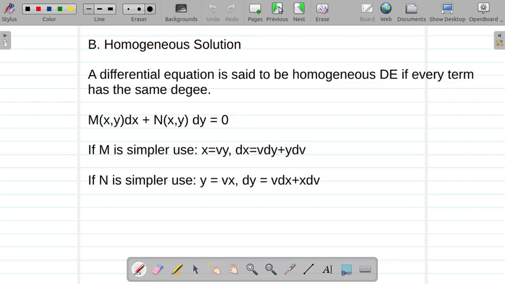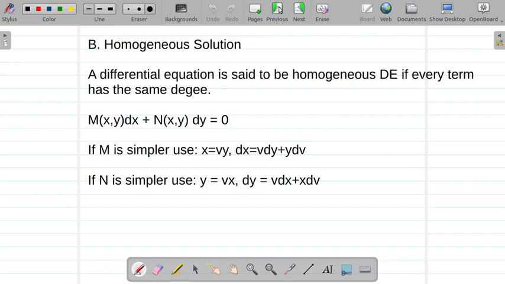So, separation of variable is applicable lang siya if ma-separate nimo ang x and y in terms of dx and dy respectively.